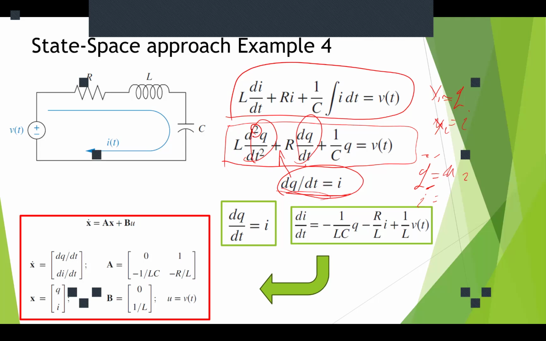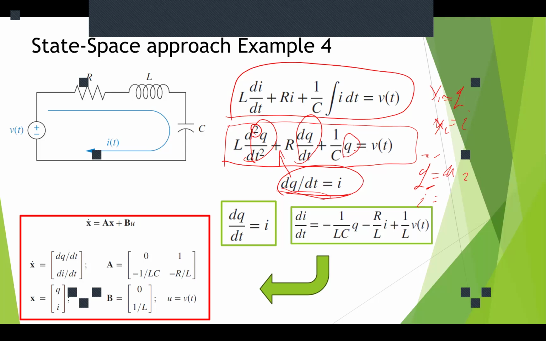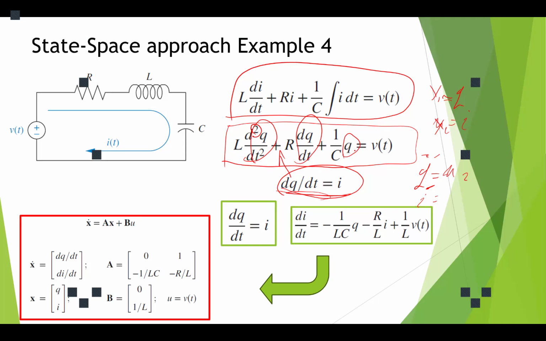This one is I itself. Are we good? This one is Q. We don't need to change it because we have the state variable Q. Is that clear? What we are doing?